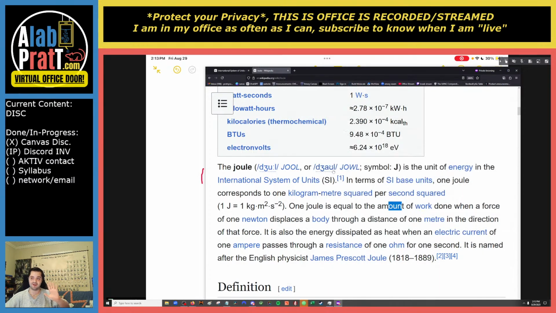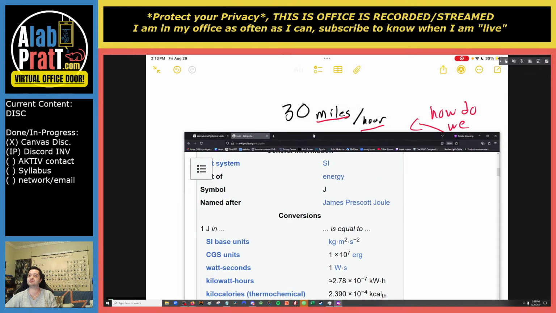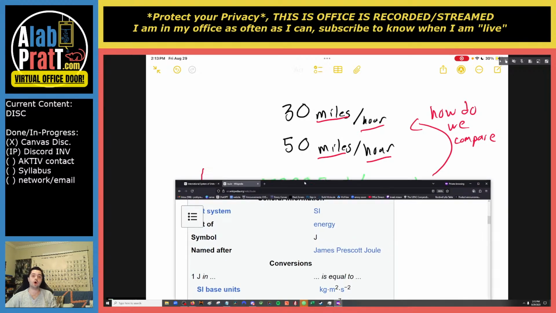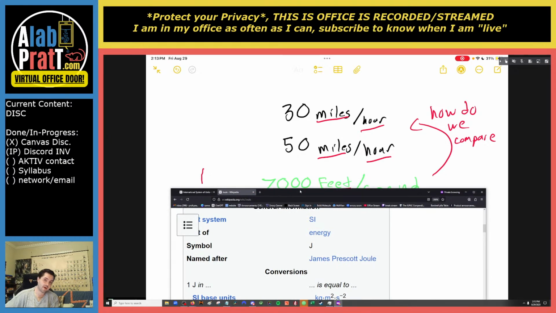This might be a little above our pay grade, but what I want to remind us is that we started here and said, we know miles per hour. Most people understand miles per hour, but we want to communicate with other people using the same units.